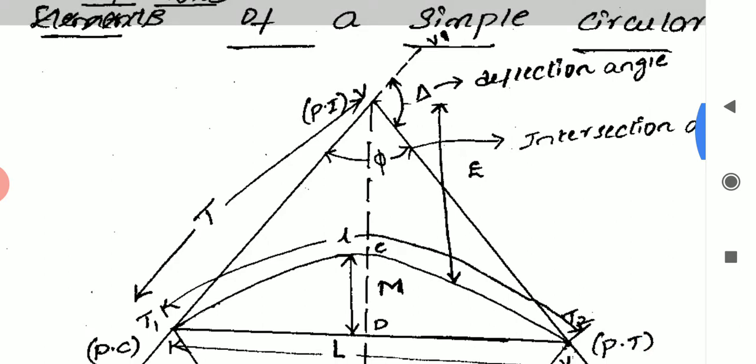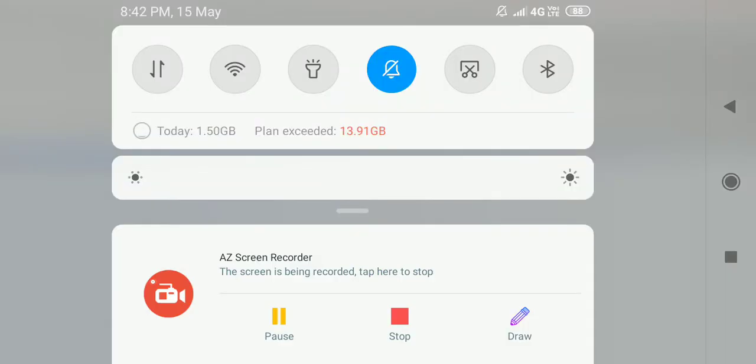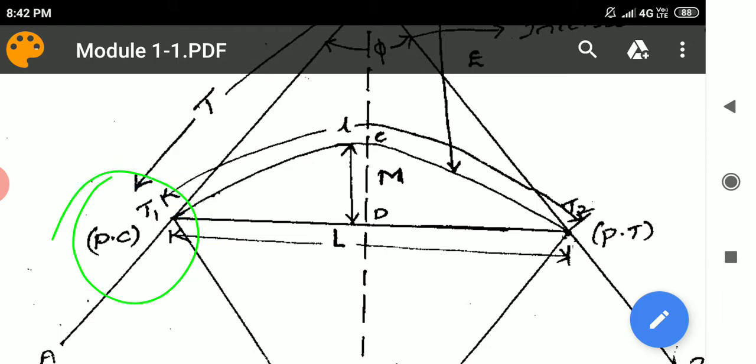Next one is the point of curve. See, it is the point of curve. It is the beginning of the curve, where the alignment changes from tangent to curve.